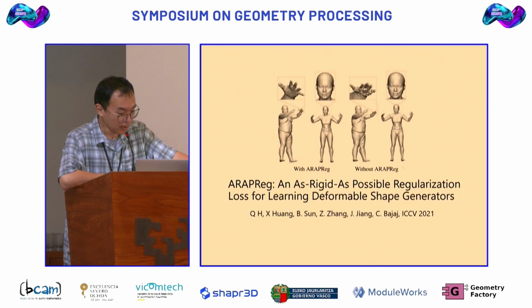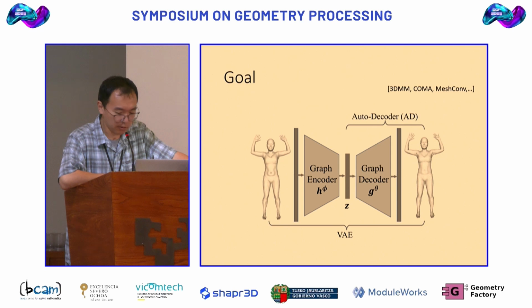Let's start with the first paper. AIPREC, this is less than 4 years ago, ICCV. The goal here is to train a generative model defined by a graph neural network. So we have the latent space, and we decode the latent code into a mesh using a graph neural network.